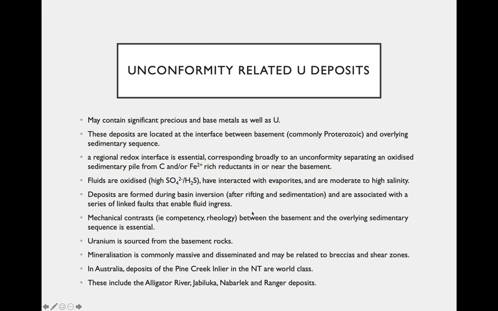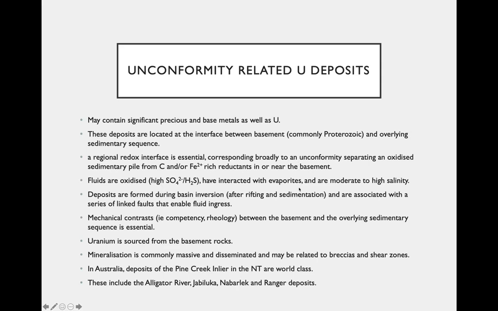The final type of uranium deposits, unconformity related uranium deposits. They might also contain significant base metals, and these deposits are located at the interface between basement, commonly Proterozoic, and overlying sedimentary sequence. So we have a regional redox interface in these cases where we're going from oxidized sedimentary pile to a reduced basement, and this is where this unconformity is related to.